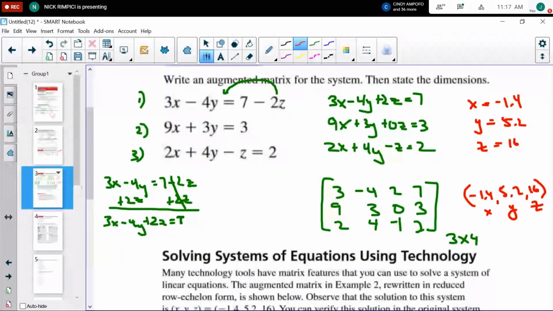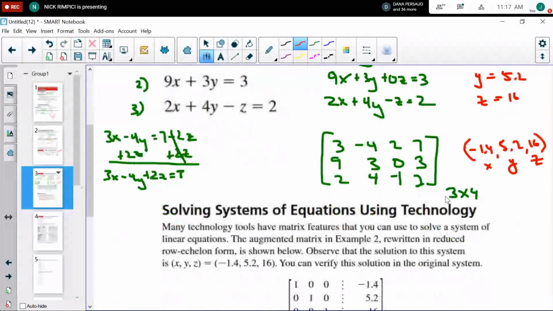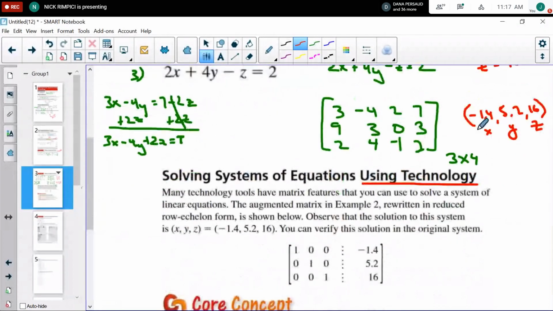All right, so solving systems of equations using technology. I just did this, but they're going to walk us through what happened. Many technology tools have matrix features that you can use to solve a system of linear equations. The augmented matrix in example 2, rewritten in reduced row echelon form, is shown below.